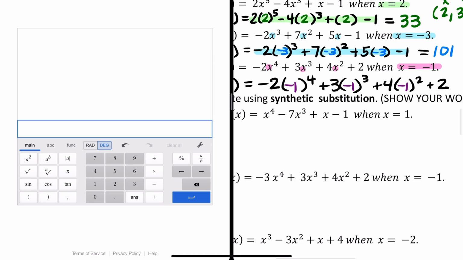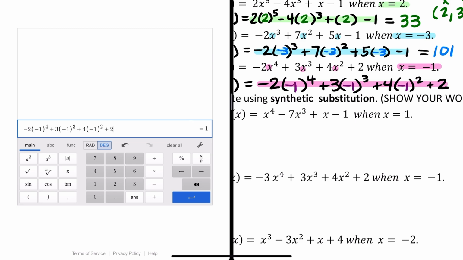So this is what I'm going to put into the calculator, just this part here. So we're putting in -2 parentheses -1 to the 4th power plus 3 parentheses -1 to the 3rd power plus 4 parentheses -1 to the 2nd power plus 2.